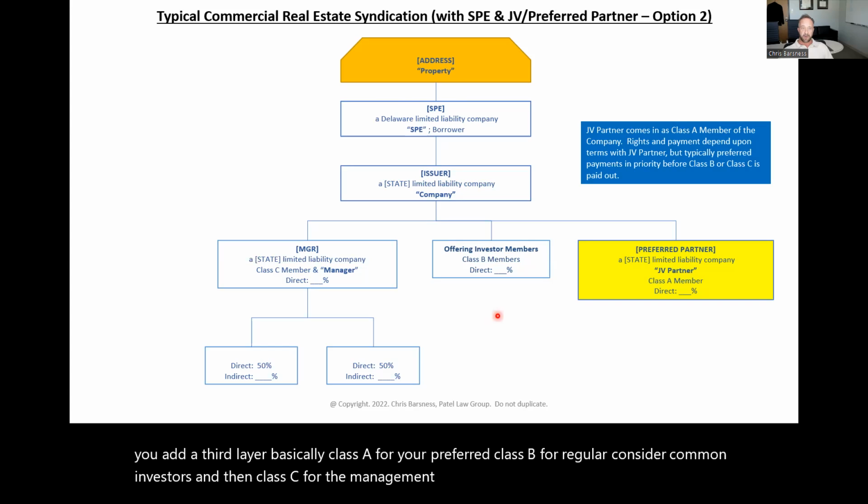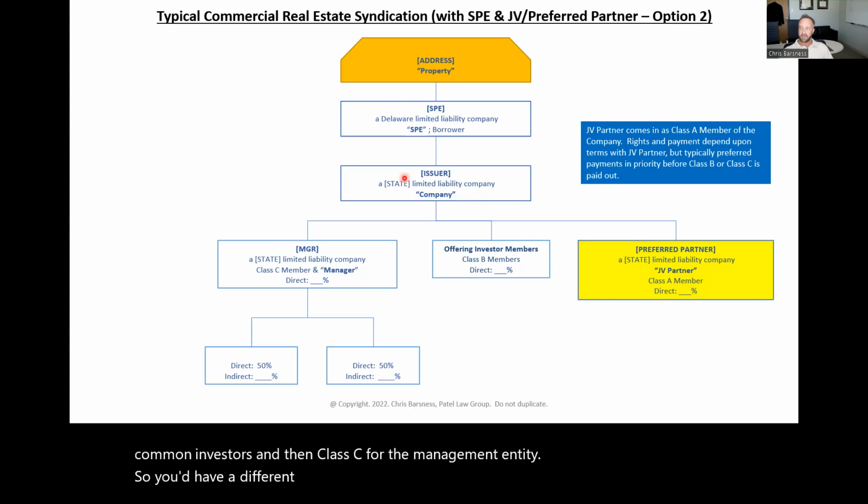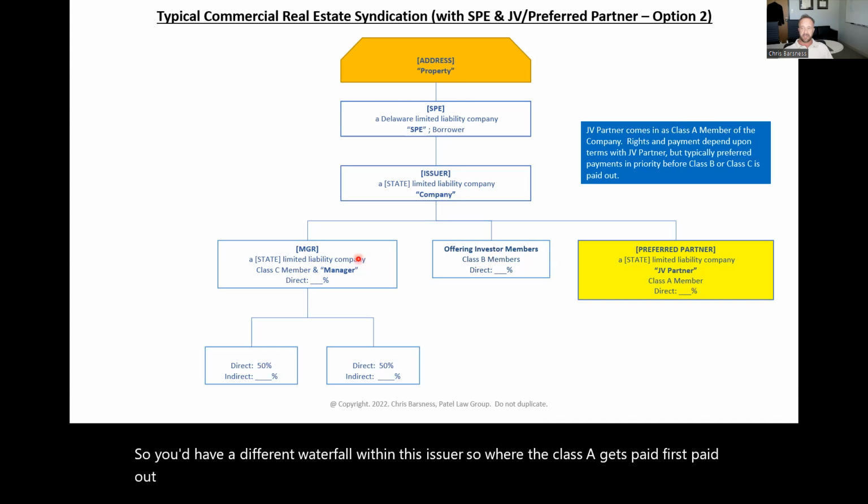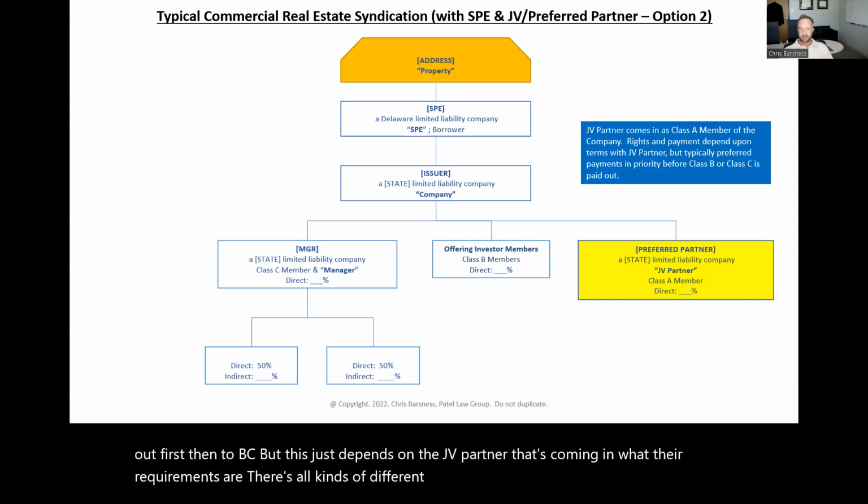So you'd have a different waterfall within this issuer, where the Class A gets paid out first, then B and C. But this just depends on the JV partner that's coming in, what their requirements are. There's all kinds of different complexities and different types of structures that you can do. Basically, these are just the most common ones.